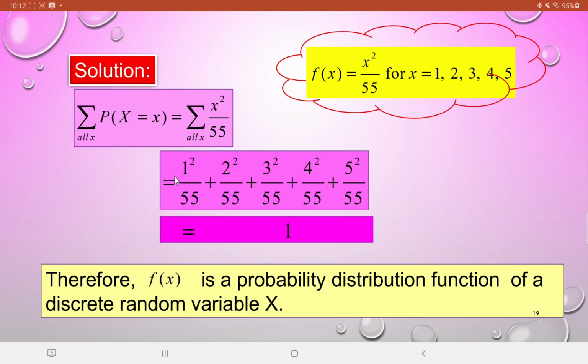So, we get 1 squared over 55 plus 2 squared over 55 plus 3 squared over 55 plus 4 squared over 55 plus 5 squared over 55, and we get 1. Therefore, f(x) is a probability distribution function of a discrete random variable X.